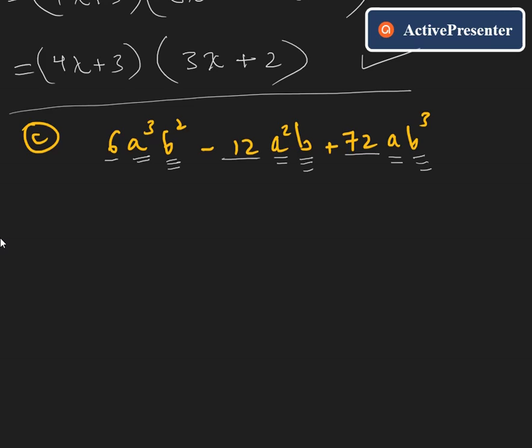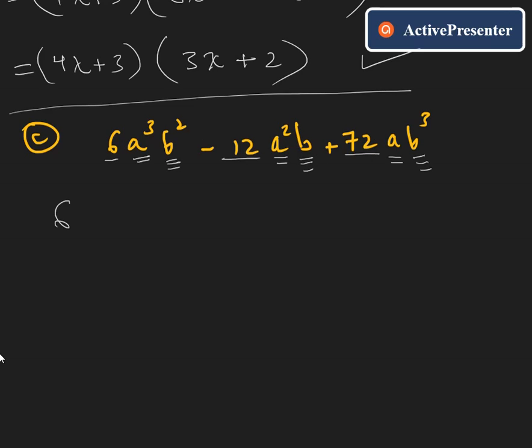So what is the greatest that divides them all for 6 and minus 12 and 72? The greatest that divides them all is 6, because 6 divided by 6 is 1, minus 12 divided by 6 is minus 2, 72 divided by 6 is 12.